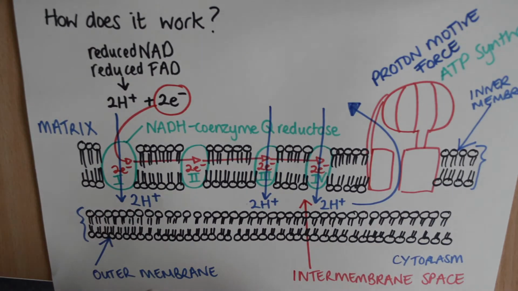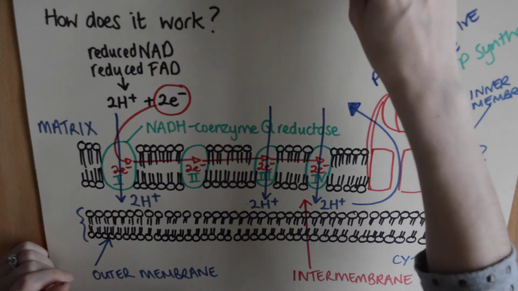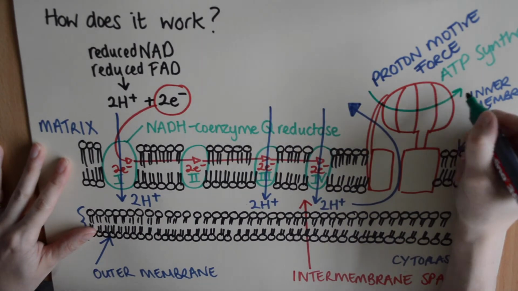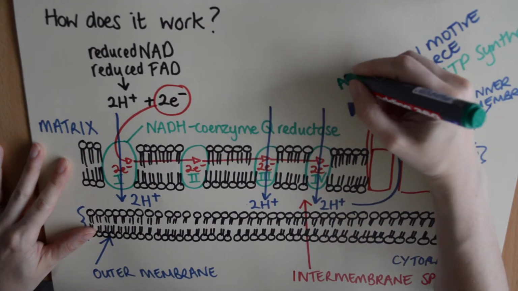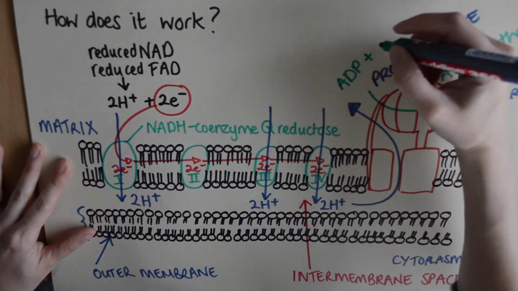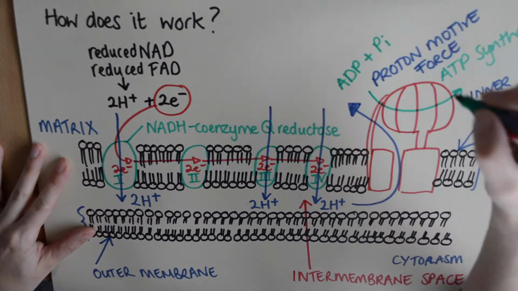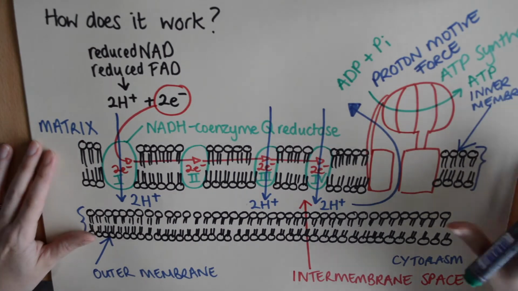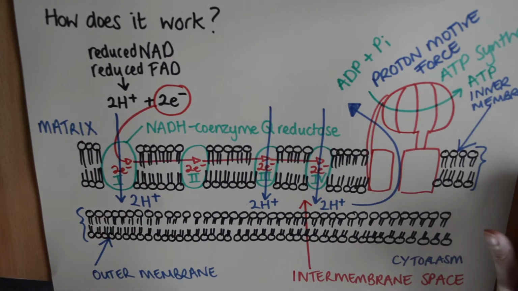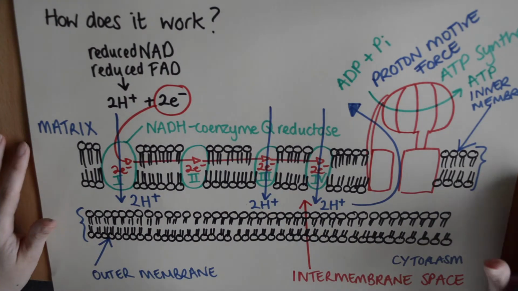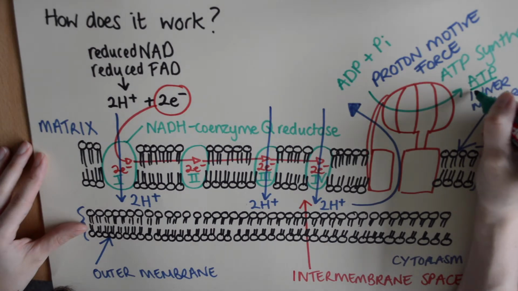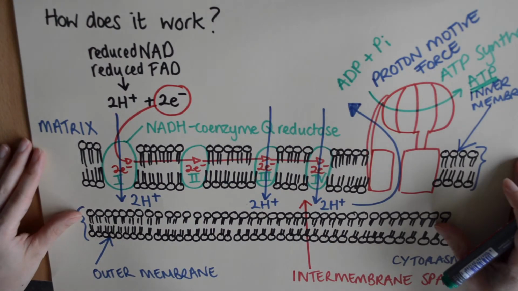Now, that proton motive force allows a molecule of ADP to combine with an inorganic phosphate ion and produce ATP. The vast majority of ATP is produced during this process, and you're going to generate a lot of ATP by this method.